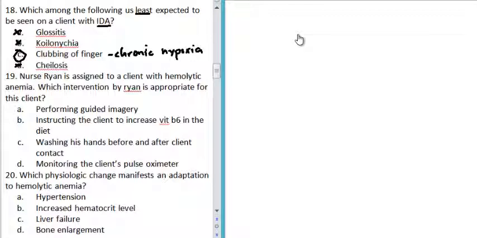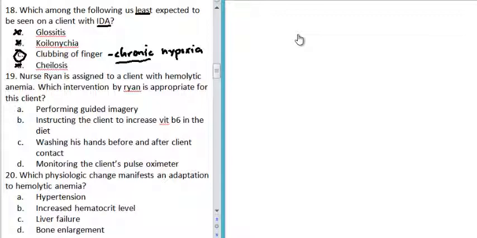Although IDA may have clubbing of fingers, it's the least likely because IDA can be detected as early as possible and it can be treated in a very short time. So the answer is letter C because letter C is long term, because it's chronic.